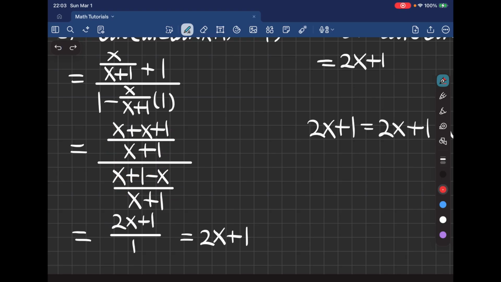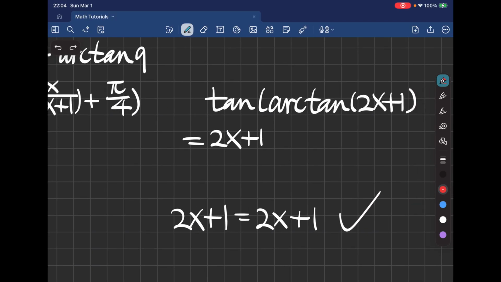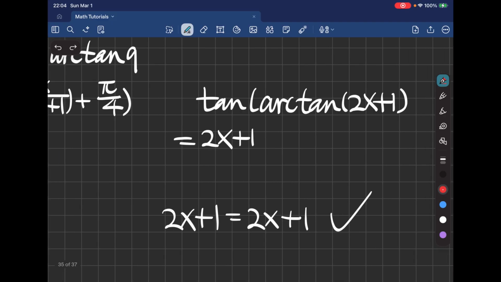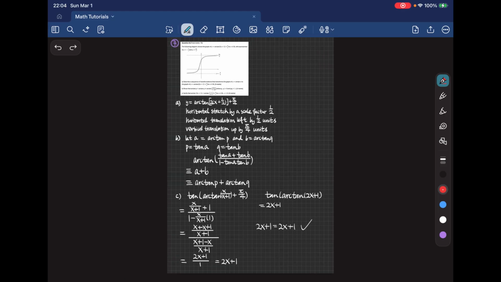And notice that the denominators are both x plus 1, so we can get rid of them. And now we have 2x plus 1 over 1, so that equals 2x plus 1. And if you take tan of arctan of 2x plus 1, you will get 2x plus 1. And since both sides are equal to the same thing, this equivalence is true.